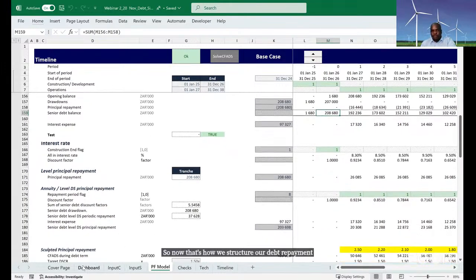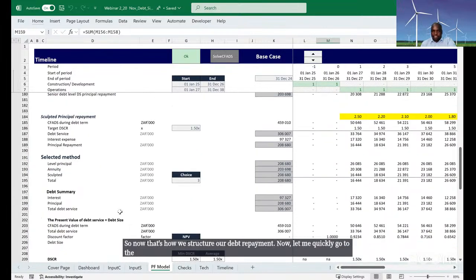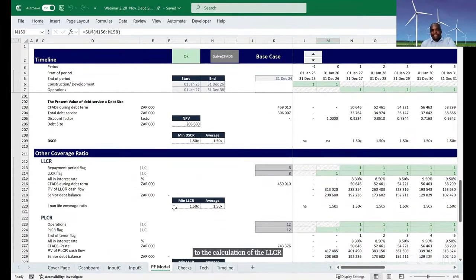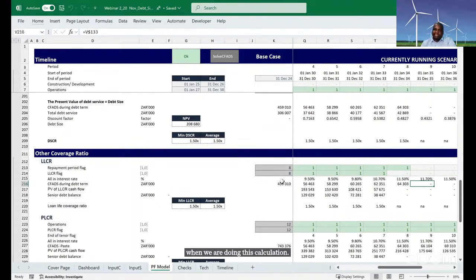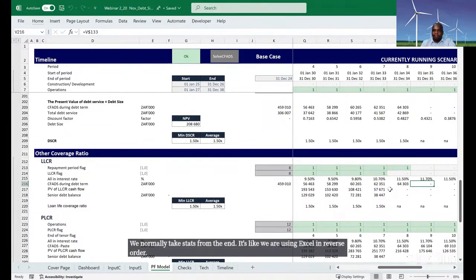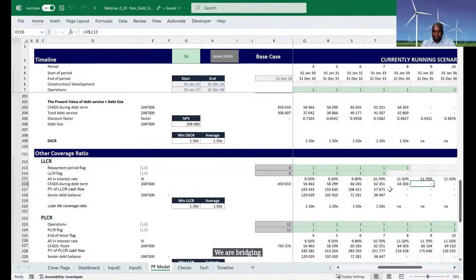Now let me quickly go to the calculation of the LLCR. You have seen that when we are doing this calculation, we normally start from the end. It's like we are using Excel in reverse order, right? We are breaking the rules. So here we are taking the CFADS during the term of the loan, or the life of the loan. Then we say, okay, what is the present value of this particular figure?